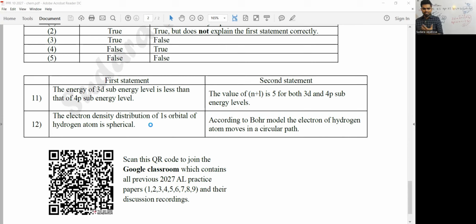But telling it from the Bohr model, Bohr theory is an older, outdated one. So that is not going to be correct. Anyway, the first one is correct, the second one is also correct, but the second one can't explain the first one. So your answer is going to be answer 2. For the 12th question also, the answer is answer 2.